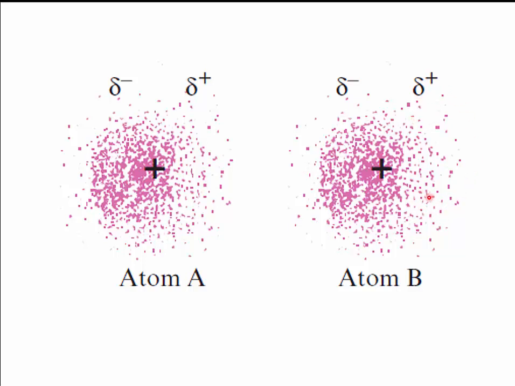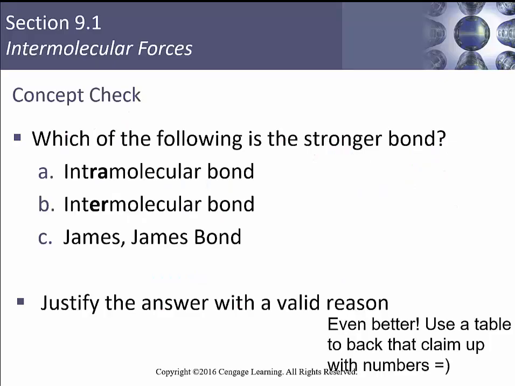So you can induce this dipole. Now, this doesn't last for very long, because the chances of you asymmetrically populating your electrons are pretty low, but it does happen. And when it does, it can induce this similar uneven distribution or polarization in the other atom next to it.